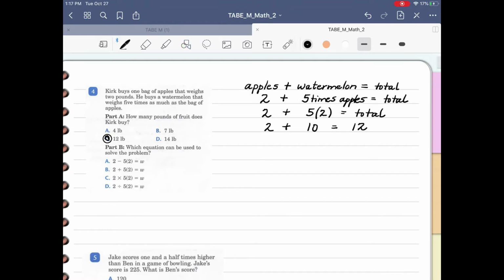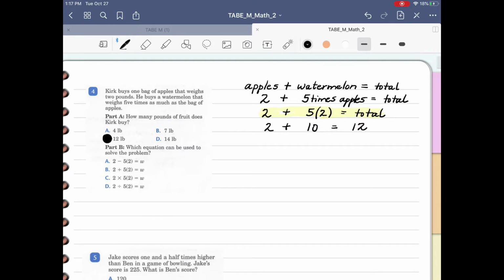So number 4, the first part, A, the answer is C, 12 pounds. And then which equation did we use to solve the problem? Well, we've already got it right here. They're using a W for total weight, but that's okay.